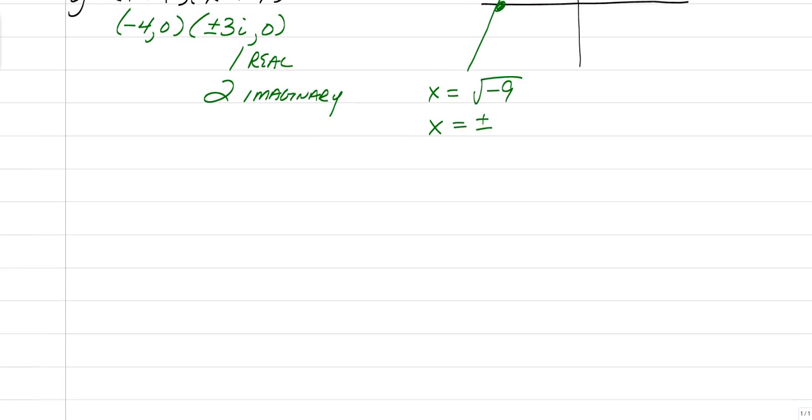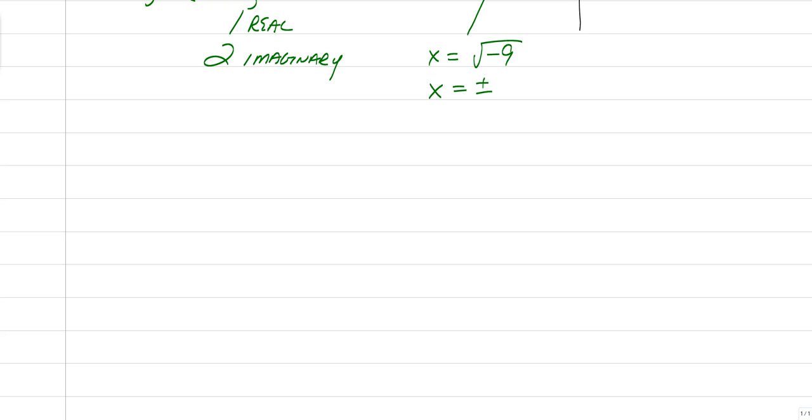So I have only showed you cubics, but just to give you an idea, what if I were to tell you that this graph right here is some sort of x to the 4th power? If that was x to the 4th, all I want you to do is think about how many real solutions there are and how many imaginary.